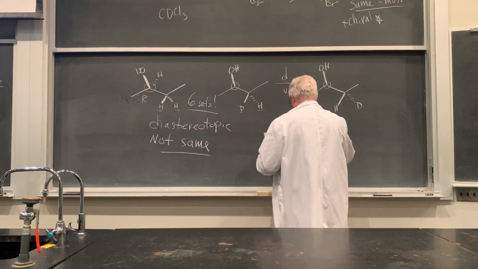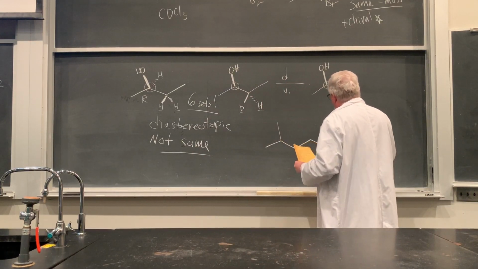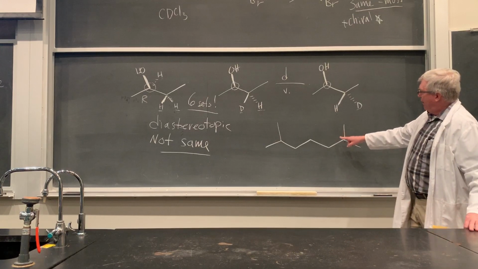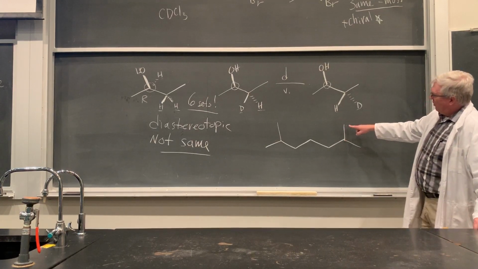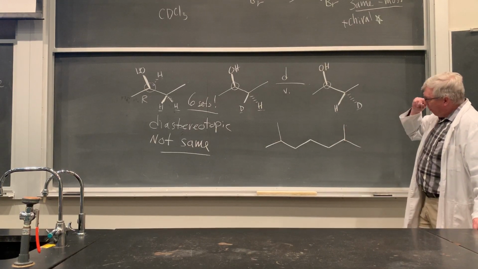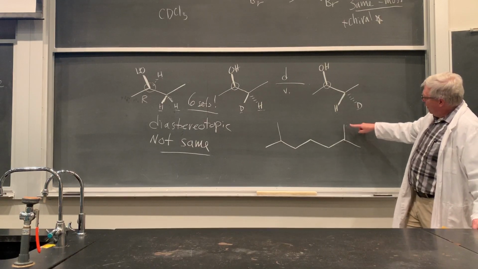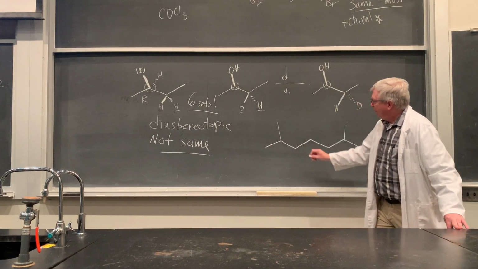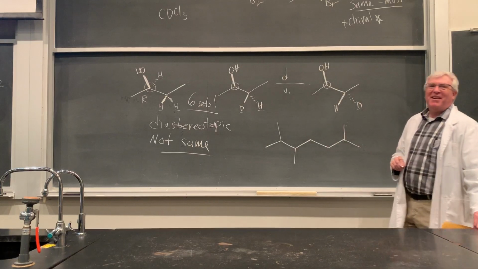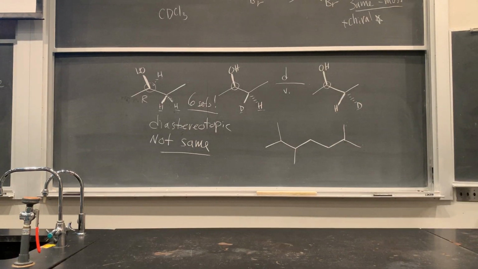Before, we had this 2,6-dimethyl heptane, and these 4 methyls were all the same. Let's put another methyl right there. How many sets do we have now? Take a minute, maybe even pause your video and count up how many non-equivalent sets you expect for that.